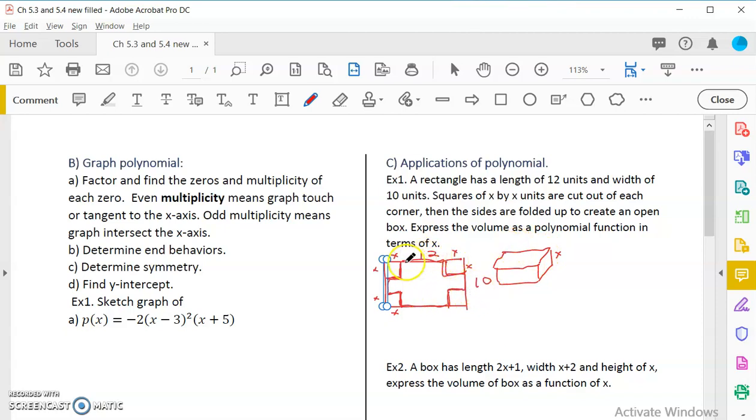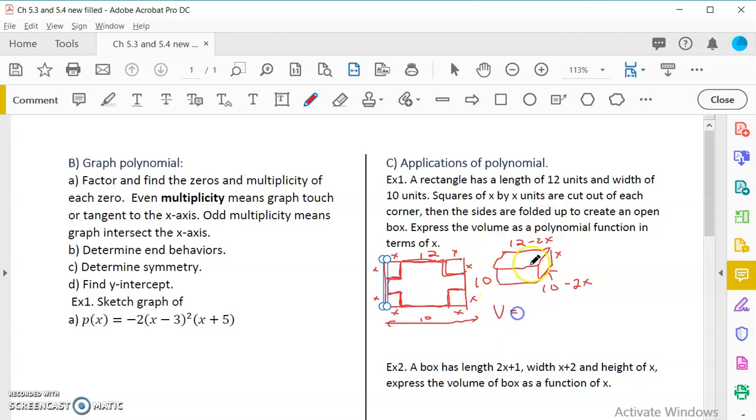For this side, because originally it was 12 total, now you cut out 2x, so it's 12 minus 2x. For the width, originally it was 10. Now it's 10 minus 2x because you cut out 2x here, right? The whole thing was 10. And this becomes the width of the box.